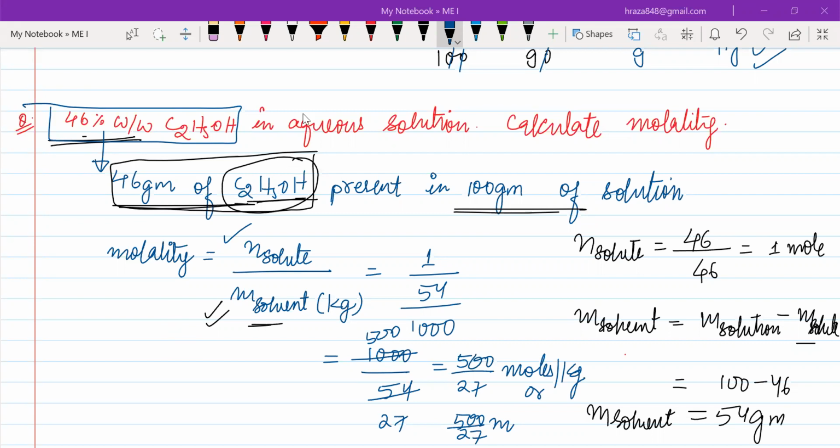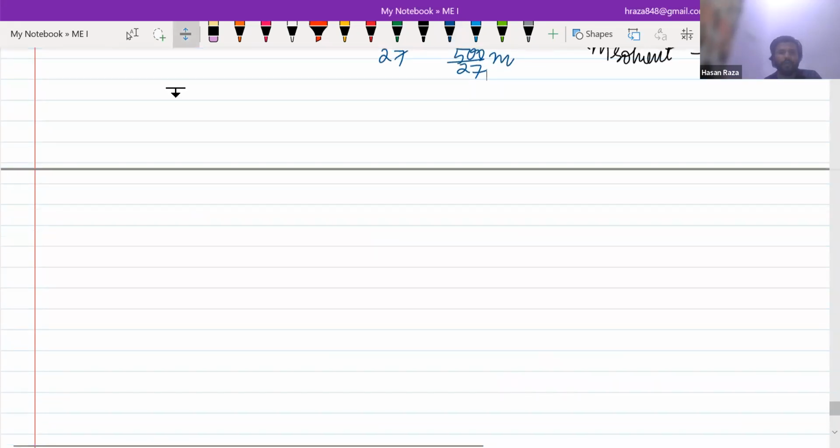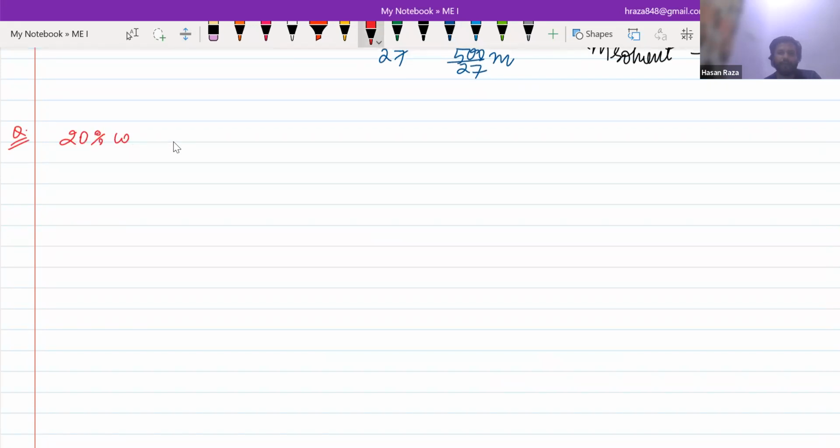Okay. So I'm going to give you the last question on this. Please do solve it. And it is 20% weight by weight, NaOH in aqueous solution.